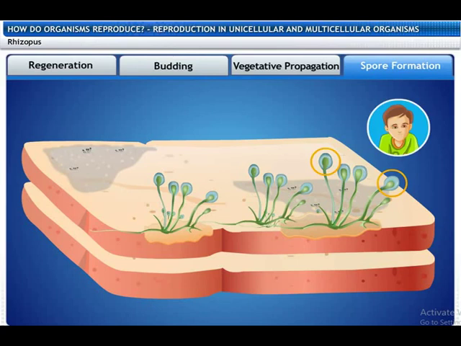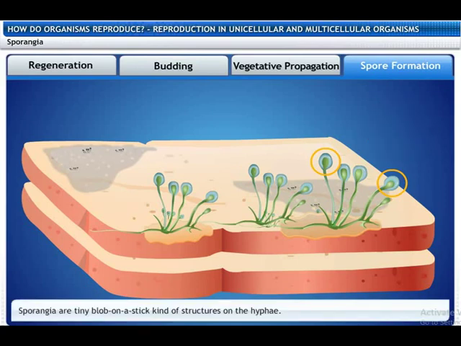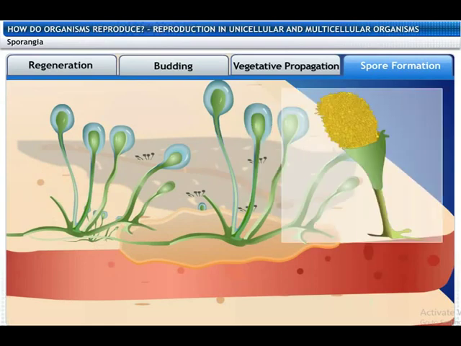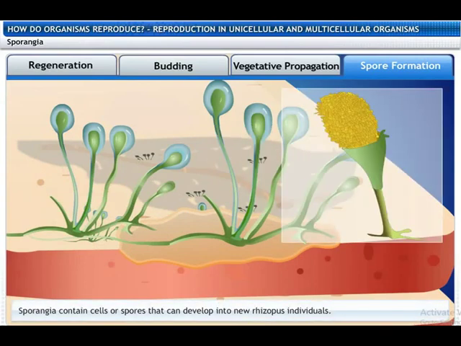Yes, they seem similar to the stamen that we see in flowering plants. These blobs are known as sporangia, and these are the structures involved in reproduction. They contain cells or spores that can eventually develop into new rhizopus individuals.